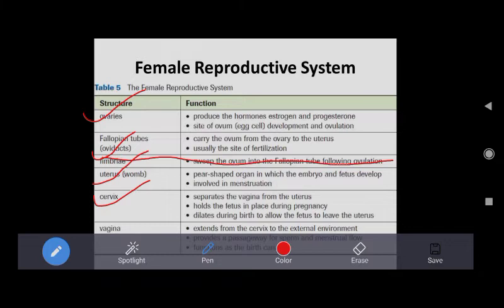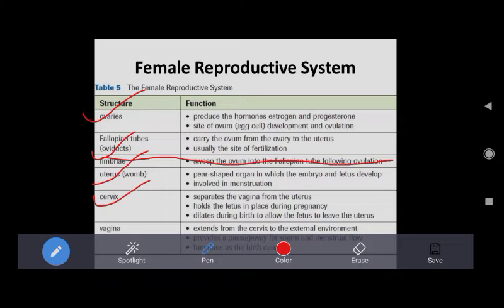So it acts as a guard or the opening between the vagina and the uterus. And the last part, the vagina, provides a passage for the sperm and the menstrual flow. It acts as a birth canal and also the receiver of the male penis.